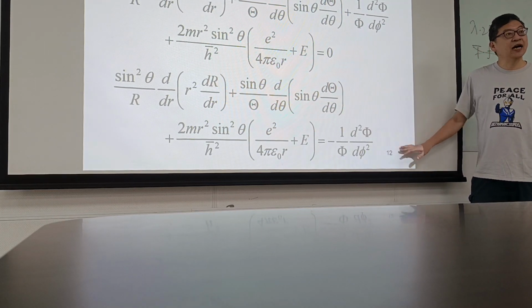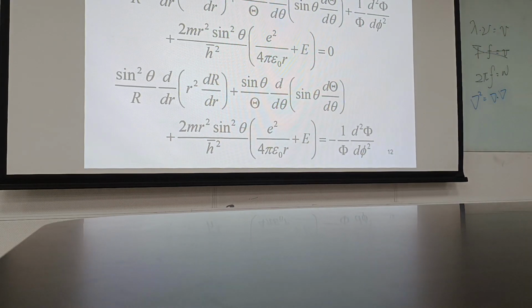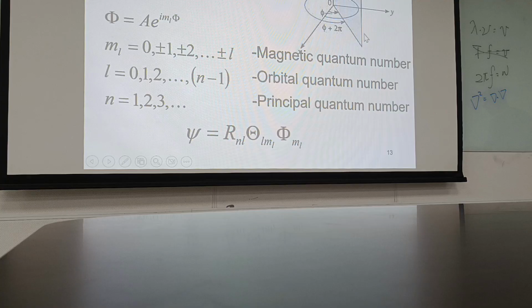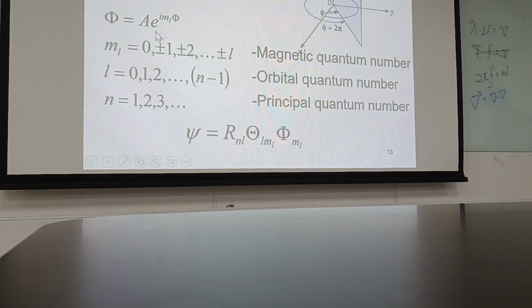So this thing is a constant. We name this constant ML squared. Then we can get the function of phi.